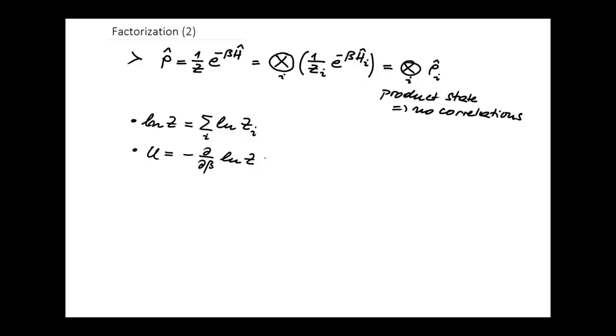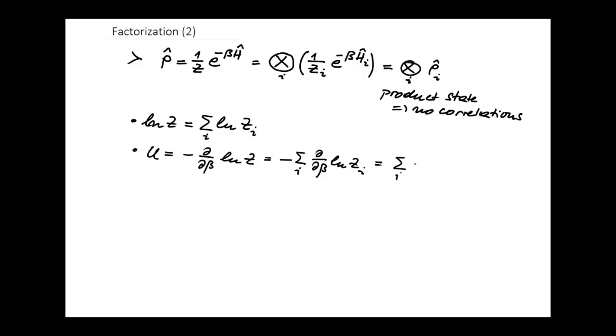We just learned the log of the partition function is additive, so this is minus sum over i d over d beta log of the individual partition function. But you can say minus d over d beta log of the partition function of a part, that's the energy of that part.